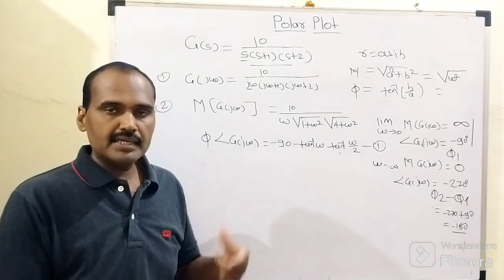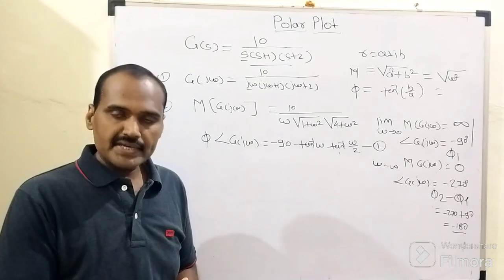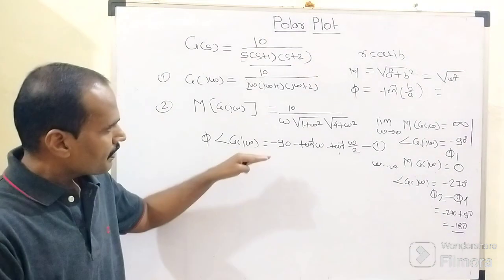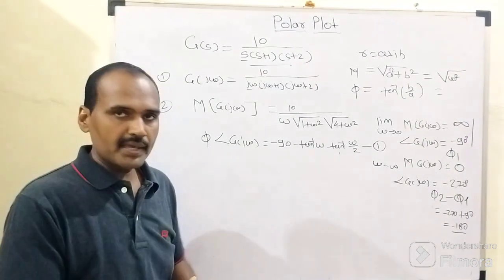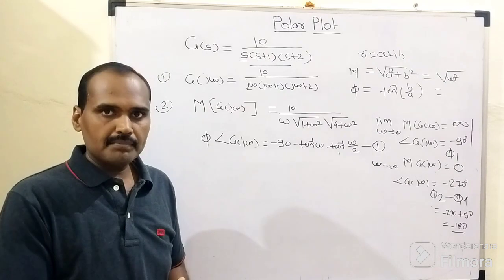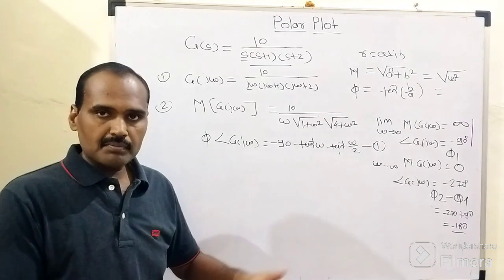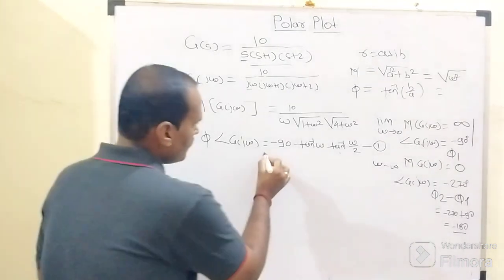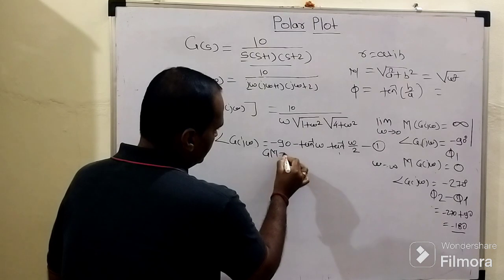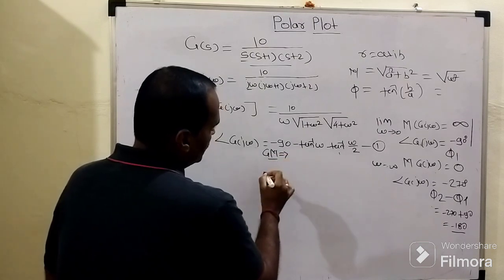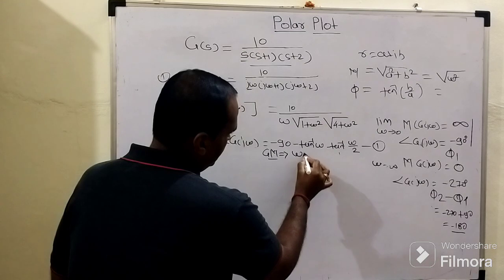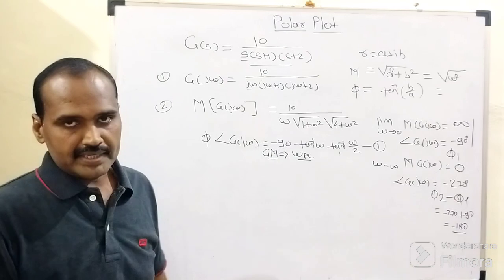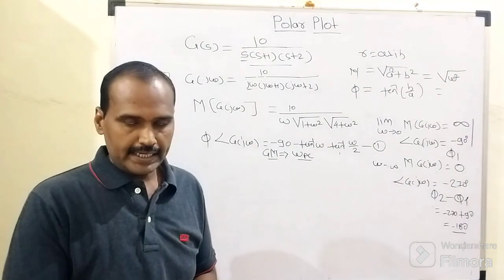Equation number 1 shows how we tabulate the phase angle for the given unity gain feedback system, which equals minus 90 minus tan inverse of omega minus tan inverse of omega by 2, because we need to decide the overall stability of the system with the help of the gain margin. This gain margin exclusively depends upon the phase crossover frequency denoted by omega PC.